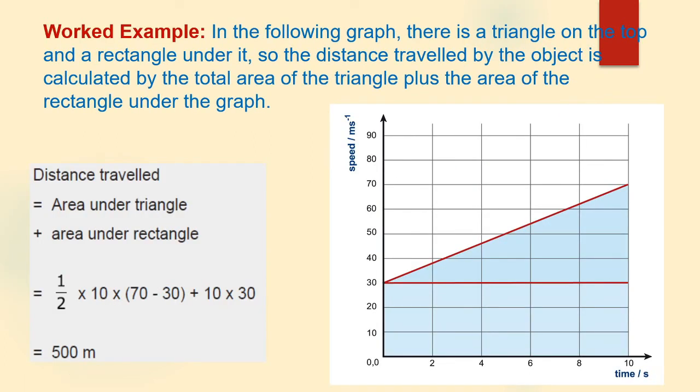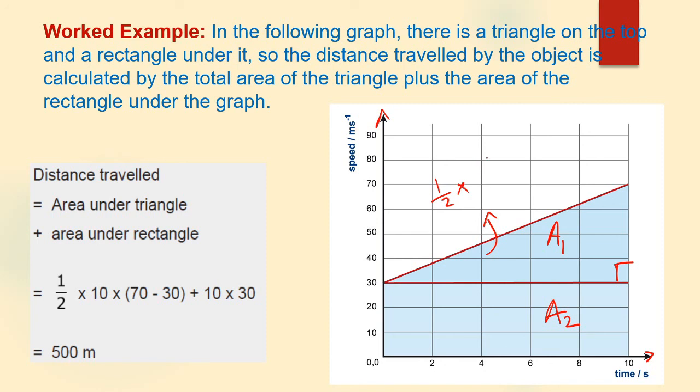Now, we are going to see this worked example. If we are going to calculate the distance traveled by the object, and we have this type of graph, we can find the total distance by calculating the area of this shape, made up of the right angle triangle A1 and the area of A2, the rectangle. So in this case, that's going to be half times the base.